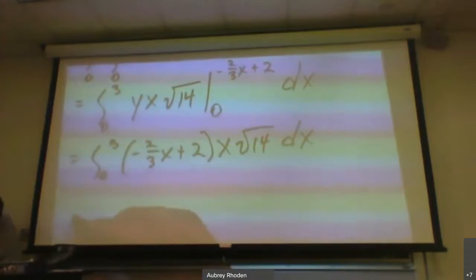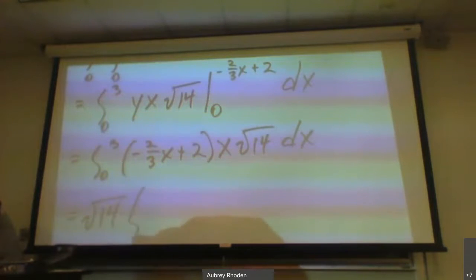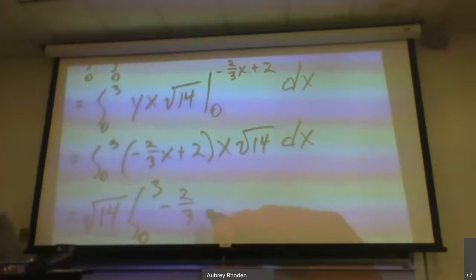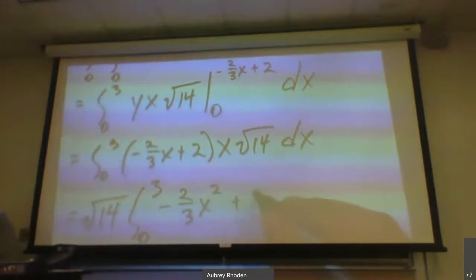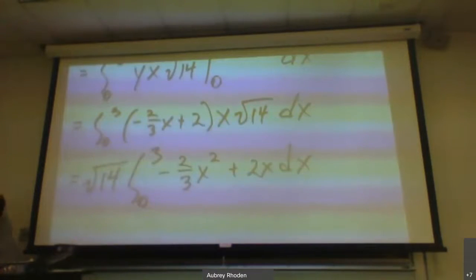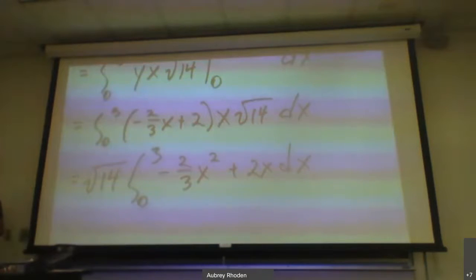Just to make things easier, I'm going to pull that square root of 14 to the outside. And so all I'm doing is pulling the square root of 14 to the outside and distributing the x onto the inside.